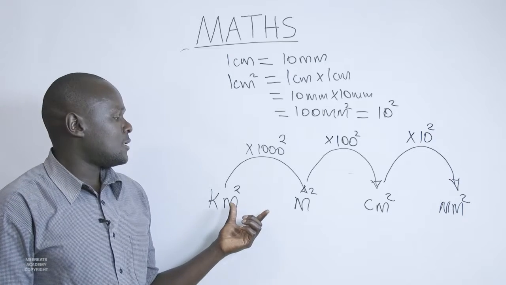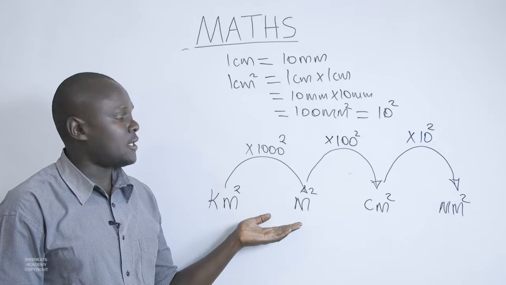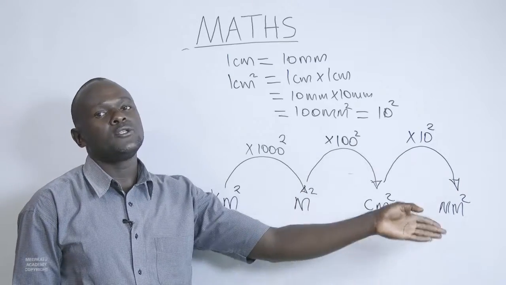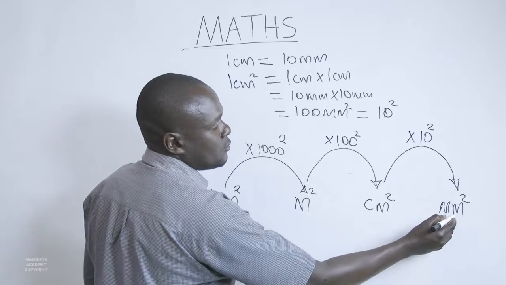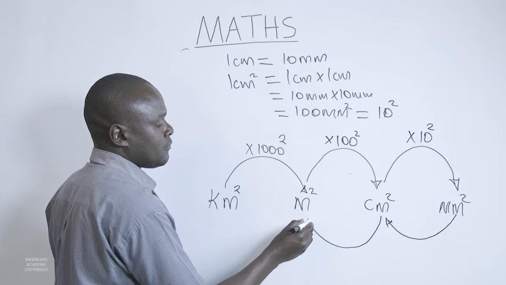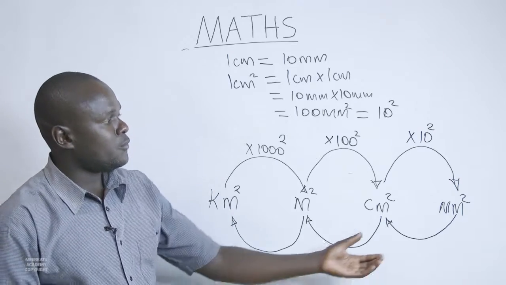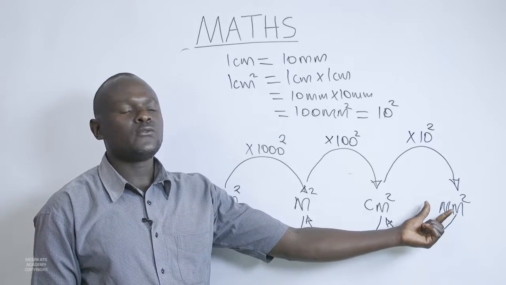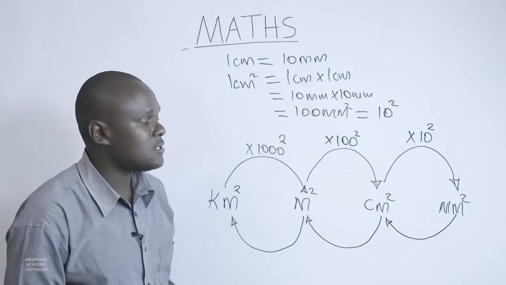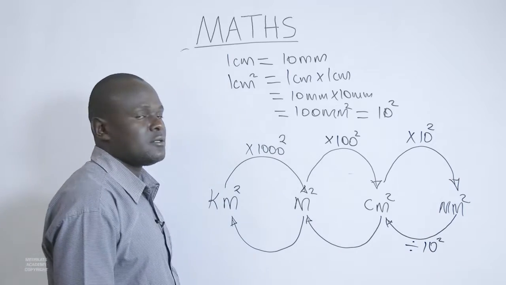So you will realize that as you move from the larger units to smaller units, you will perform multiplication. To convert from larger units to smaller units, you will perform multiplication. And when we move from smaller units to larger units, we will perform division. So when you have units of area expressed in square millimeters and you want to convert to square centimeters, you will divide by 10 squared, which is the same as 100.